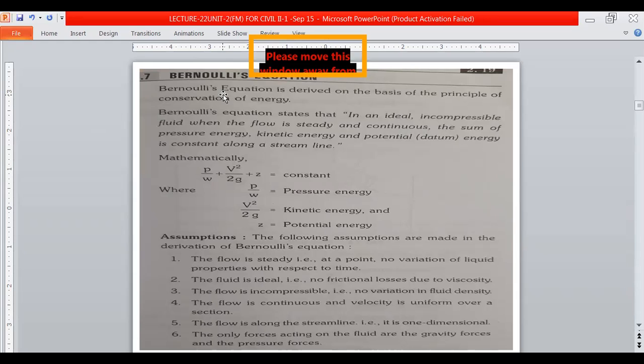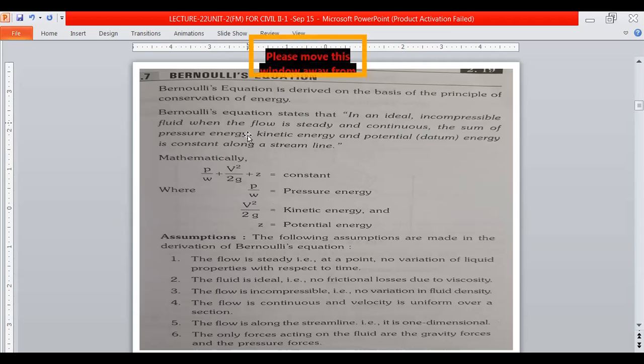State the Bernoulli's equation, what the assumptions are, and derive the expression. It is based on the principle of conservation of energy. It states that in an ideal incompressible fluid, when the flow is steady and continuous, the sum of the pressure energy, kinetic energy, and potential energy is constant.